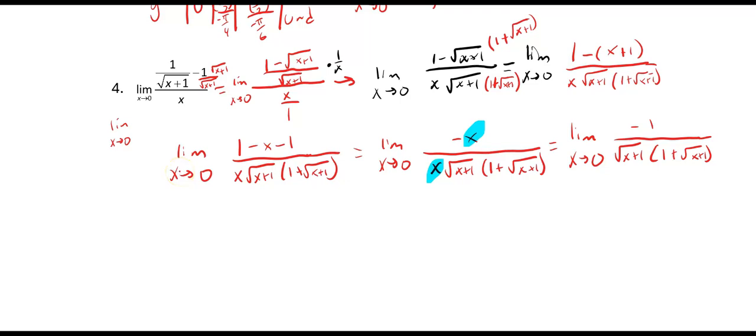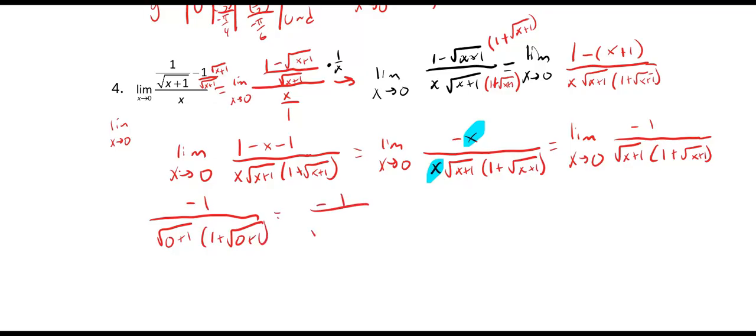So when we simplify, well, I'm not going to simplify, I'm just going to fake plug in now. Since I'm fake plugging in, I don't need to rewrite the limit. So we get negative 1 over 0 plus 1, times 1 plus 0 plus 1.